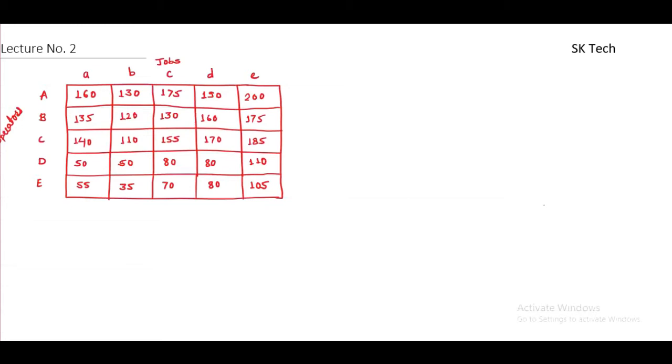It means we have to select the lowest element in each row and subtract that lowest element from each element of that particular row. That is, if we consider the first row, 130 is the lowest element. So we have to subtract this lowest element from 160, 130, 175, 190 and 200.